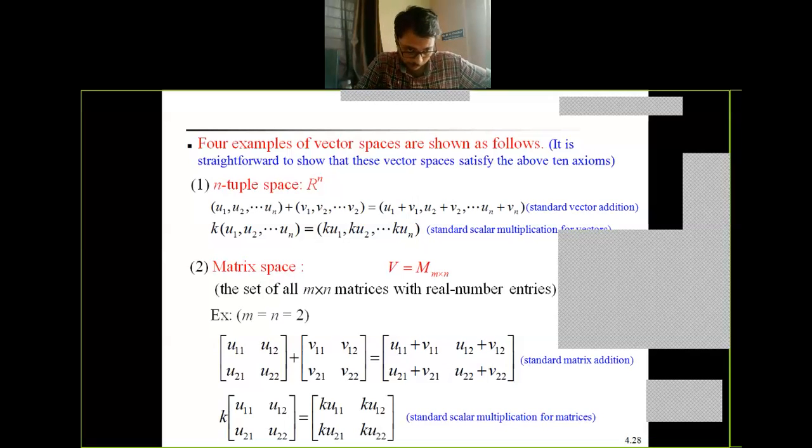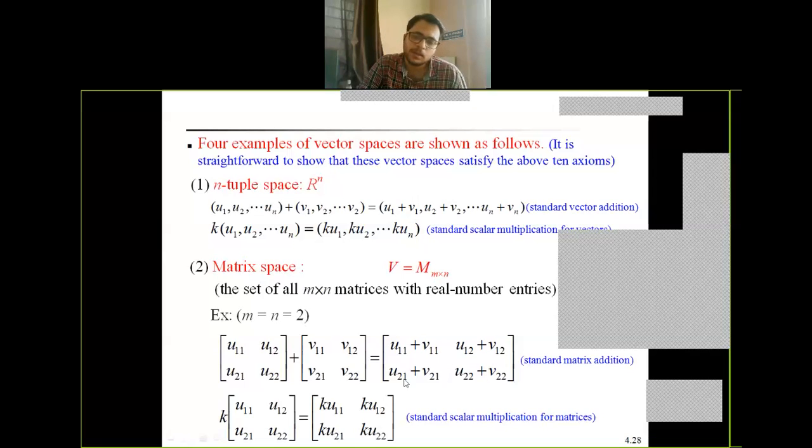The first is n-tuple space Rn, which we have already seen, where I described how to check whether Rn is a vector space or not by giving the example. The next is matrix space V equal to M of the order m by n, m rows and n columns. Let's say the example is m equal to n equal to 2.